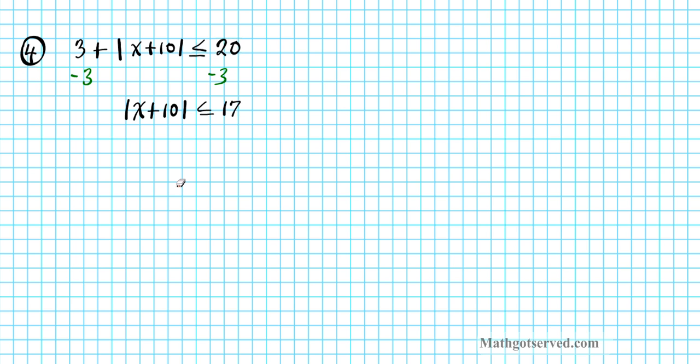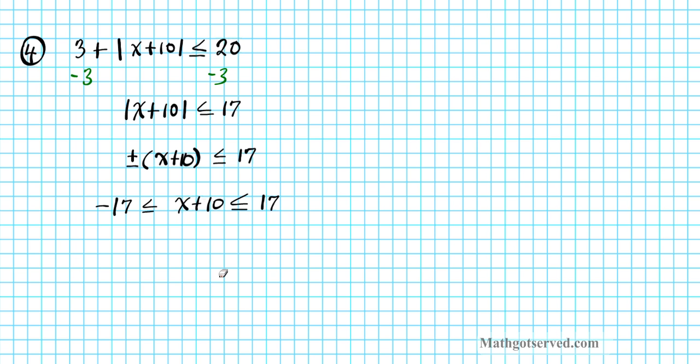So we have plus or minus x plus 10 as less than or equal to 17. This can be written as negative 17 is less than or equal to x plus 10 less than or equal to 17. Now this is what a sandwich situation looks like.